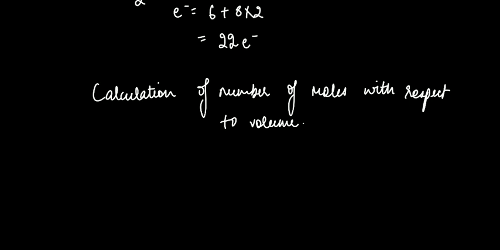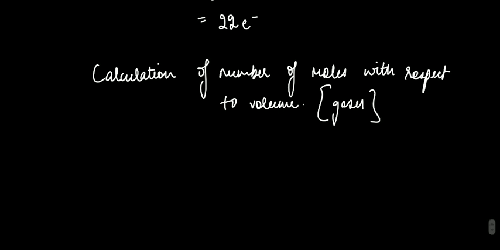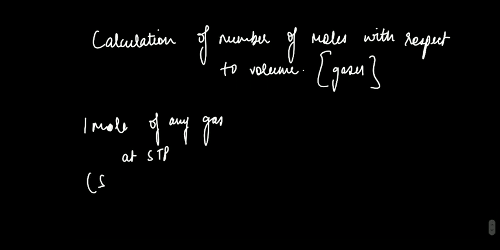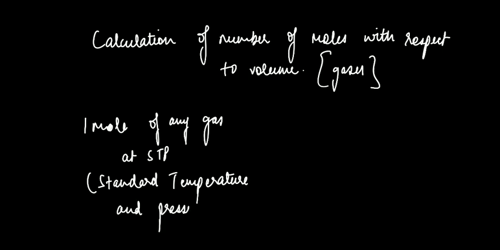When we say volume over here, we are talking specifically about gases. This relationship we have to remember: 1 mole of any gas at STP. STP is standard temperature and pressure.